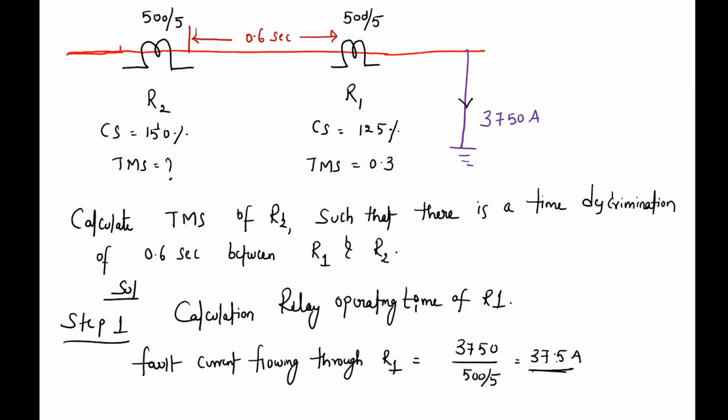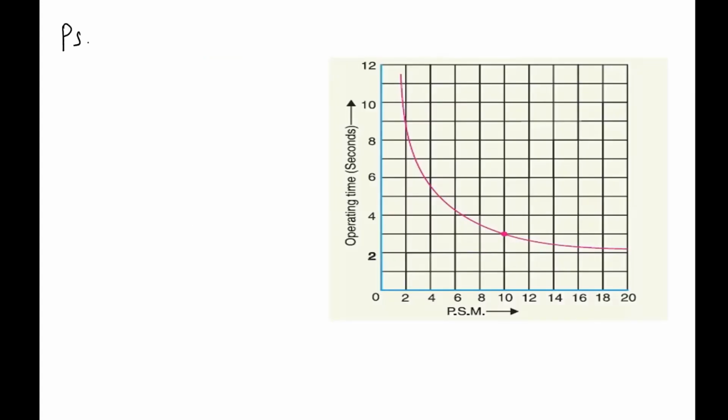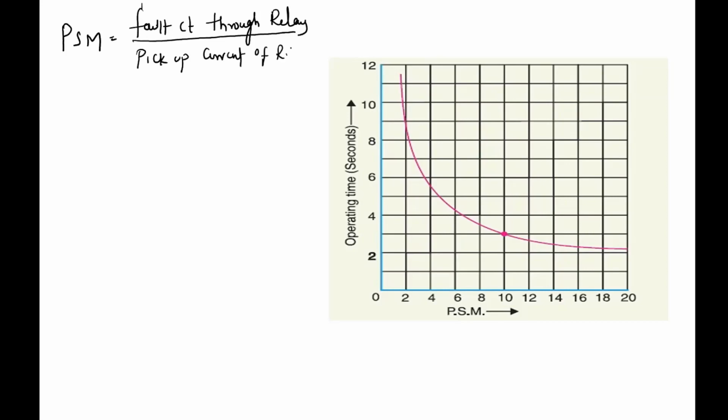Now, how can you calculate the PSM value? Plug setting multiplier is equal to the fault current through the relay divided by the pickup current of the relay. So what is the pickup current of the relay?